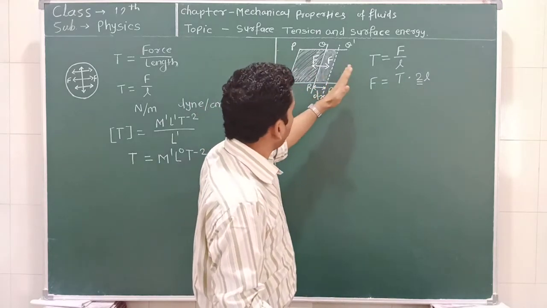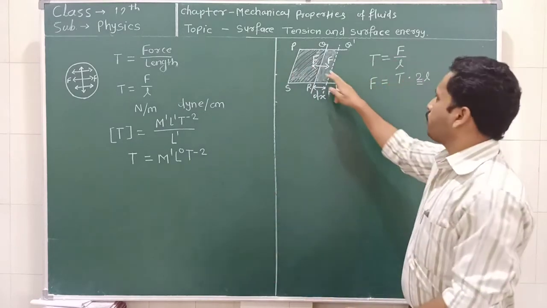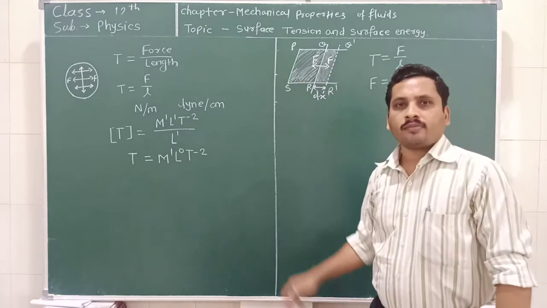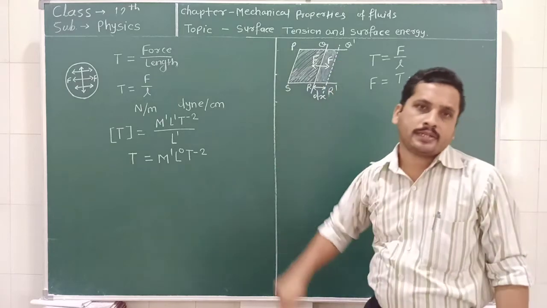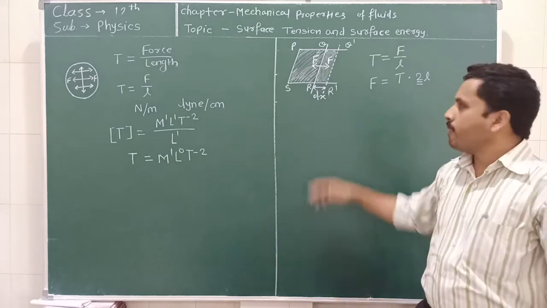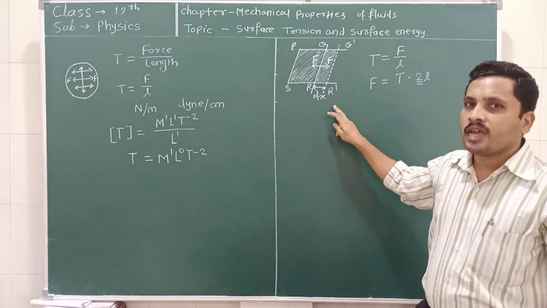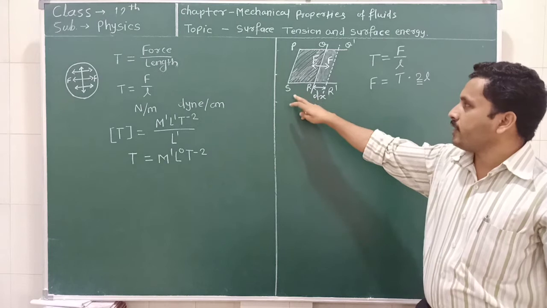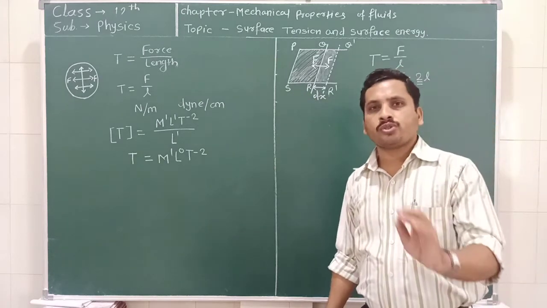So the surface area of the soap film goes on decreasing while this force is acting on it. Now, if we have to increase the surface area by an amount dx, we have to increase the length of the wire frame by an amount dx, and then we need to do some work.